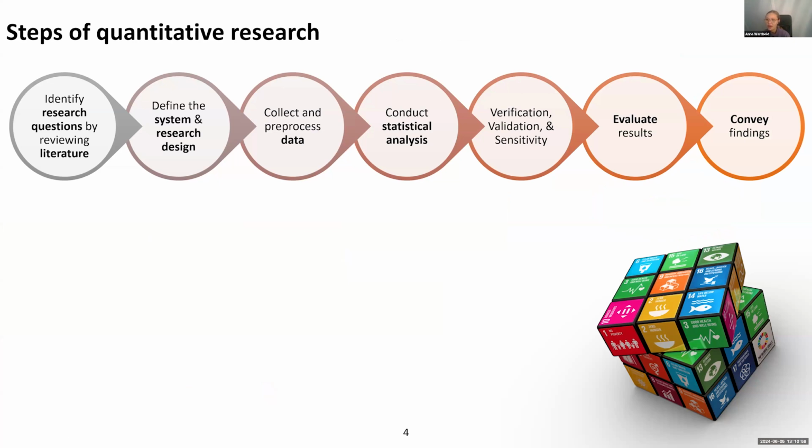So then you define your system and your research design, and you start collecting data and pre-processing the data. And based on the data you have, you need to conduct a statistical analysis, which you adopt to answer your research question. Then you need to verify, validate, and do a sensitivity analysis of your results. You evaluate those, and you try to convey your findings.